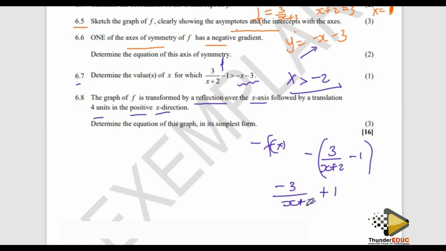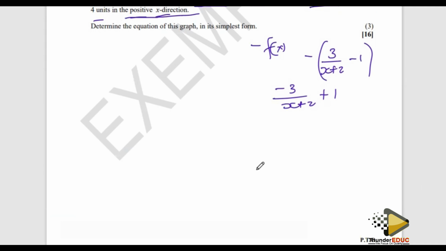This is the reflection. Then when you talk about the translation of 4 units to the positive, then we switch the sign. Okay, we assume that we are talking about the positive direction. So where there is x, we're going to subtract a 4, plus 1.